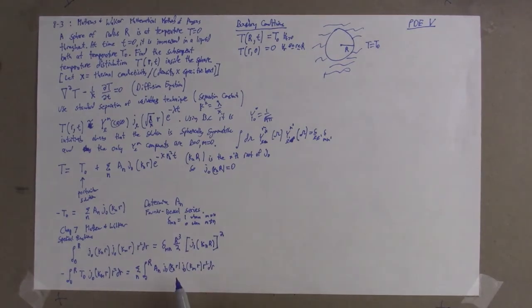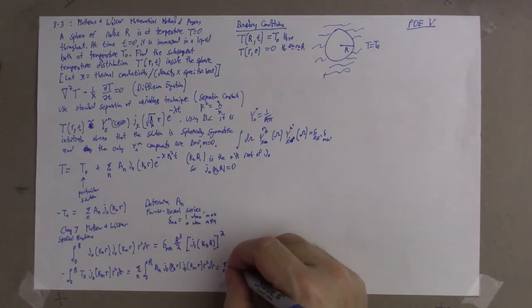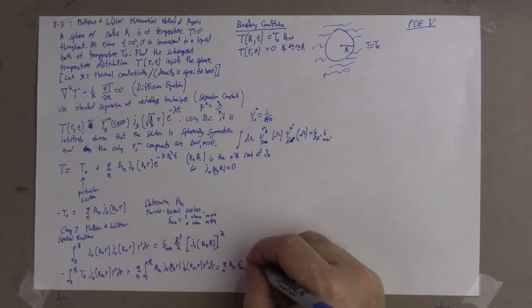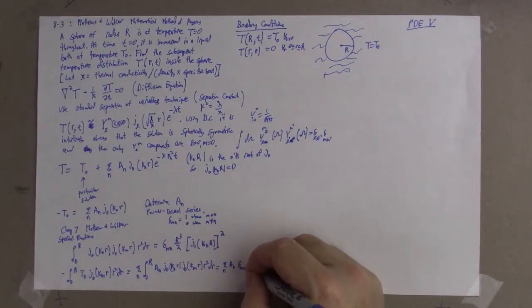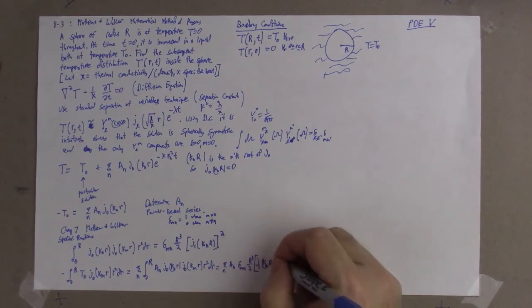Now here, on the right side, we're going to use this formula which is tailor-made for it. So this is equal to the sum over n of an delta mn R cubed over 2 J1 kmr squared.